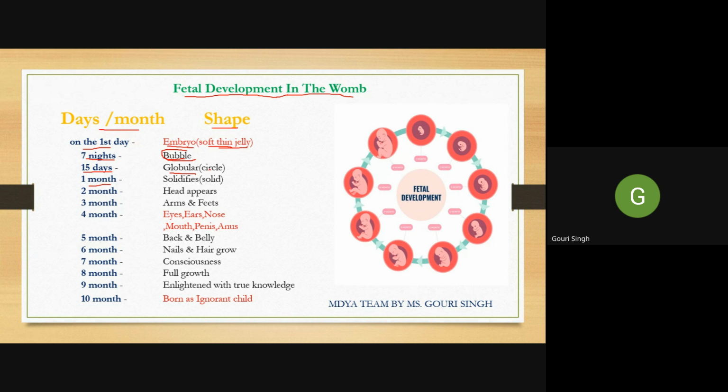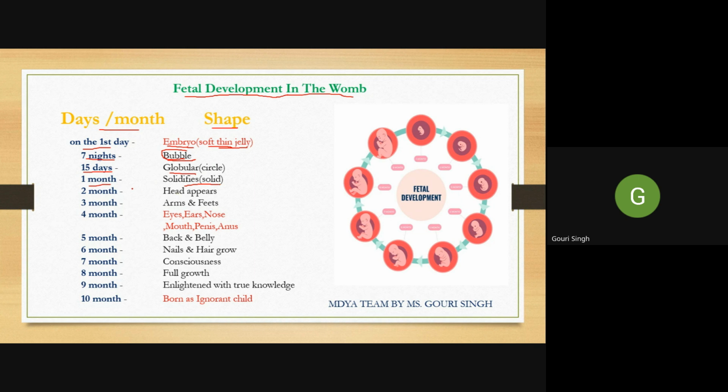Okay. Then after 1 month, what happens? That globular form, which was a thin jelly, will be converted into a solid phase. Solid phase means it will create a solid form. But till 1 month it will be in a thin form, oval or circle, a very thin area.